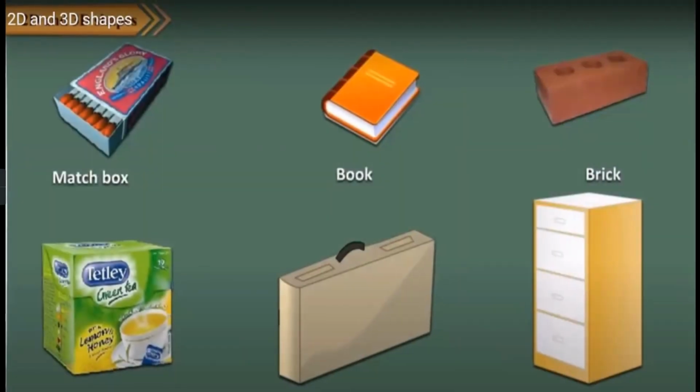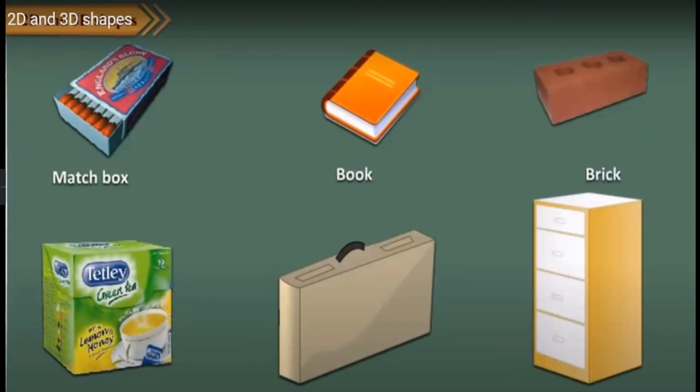Now, as we know, shapes are used in our day-to-day lives, but how are they used? So for that, on the definitions of three-dimensional figures, cuboid, etc., I have shown you the objects which are in these shapes, like matchbox, book, brick, tea box, briefcase, and the side table are in the shape of a cuboid.